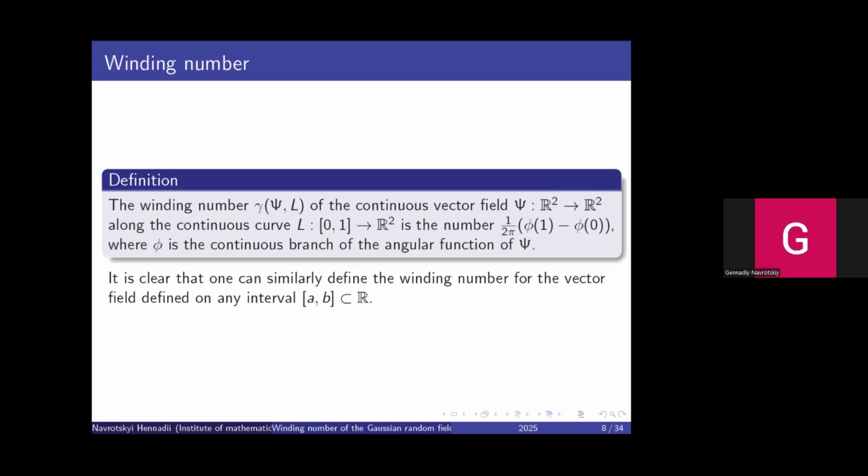Then let us define the winding number of a continuous vector field along a continuous curve in R2.